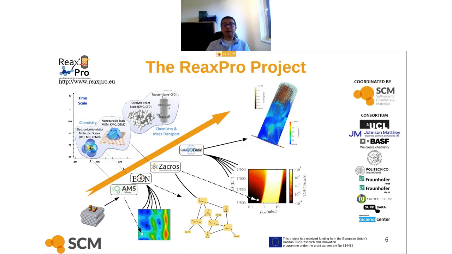And for that, we started with 4 different programs, the main components of the strategy. The first one is the AMS driver that is going to carry out all the electronic structure part. Then EON, which is going to explore the energy landscapes, and it requires carrying out thousands of these calculations with AMS to generate the reaction mechanisms.